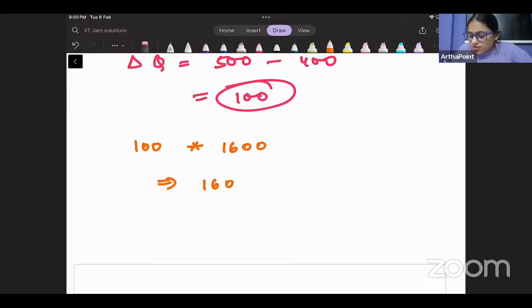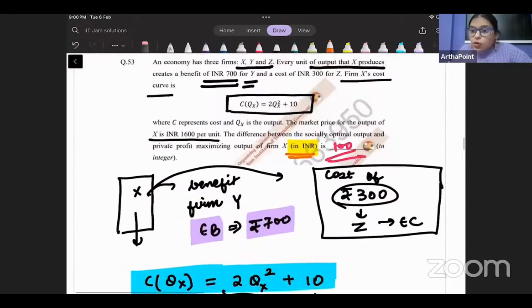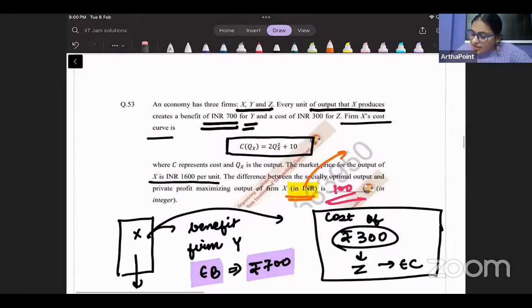So this will give me 160000. So we can go ahead and say that in INR it should be 160000. Clear? Both answers are correct according to IIT. So if you have written 100 as the answer, that is fine. If you have written 160000 as the answer, even that is marked correct. Am I clear with it?